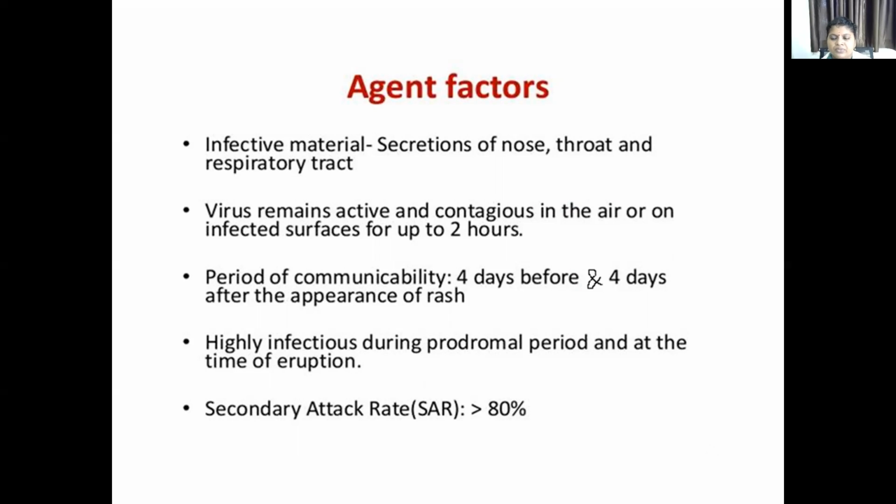These are all the factors responsible for the transmission of measles. Virus remains active and contagious in the air also for about 2 hours. Period of communicability is 4 days before and 4 days after the appearance of the rash. The person is highly infectious during the prodromal period, first 2 days, and the time of eruption.